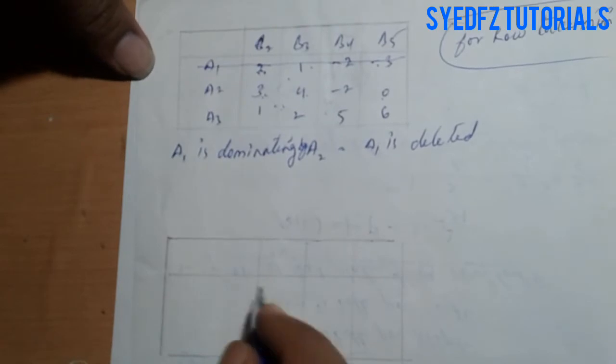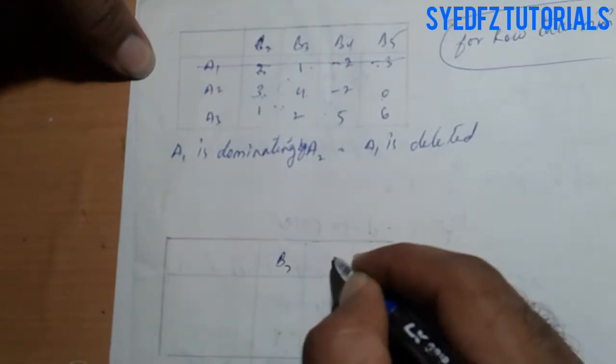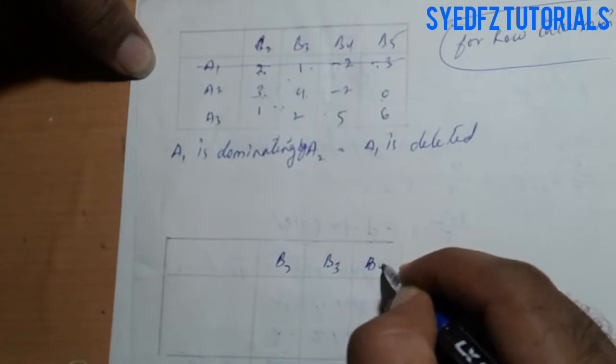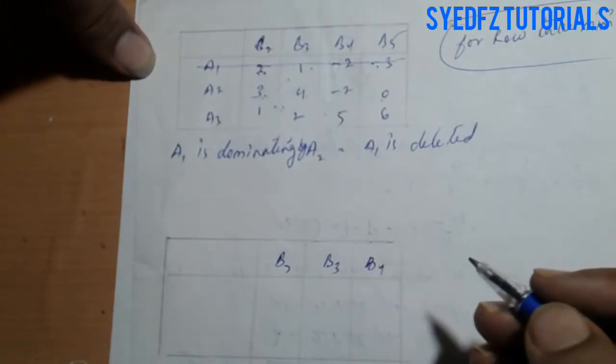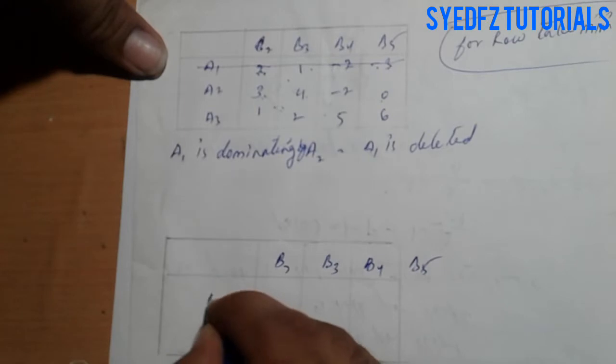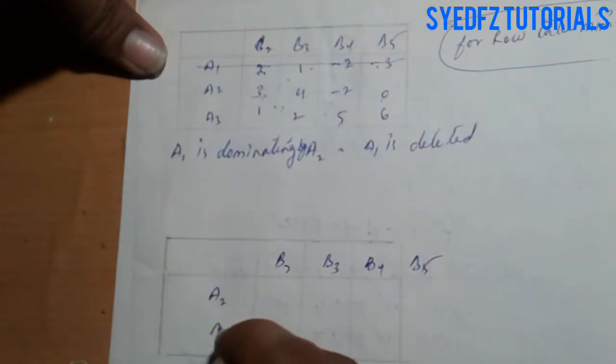Now what do we have? We have only B2, B3, B4 and B5, and we have A2 and A3.